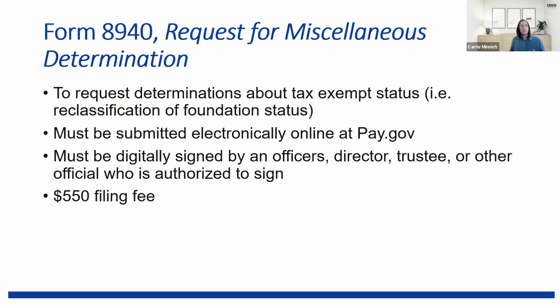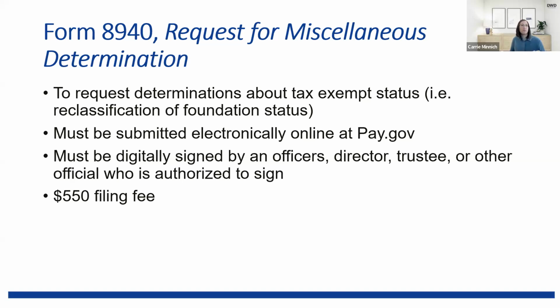When you first became a nonprofit, you were determined to be either a private foundation or a public charity. The reason that you're a public charity is because there are several different options. Sometimes those things change. A lot of it is determined by where you're getting your funding from. Sometimes you need to change that, and this form would be something that you would file in order to do so.